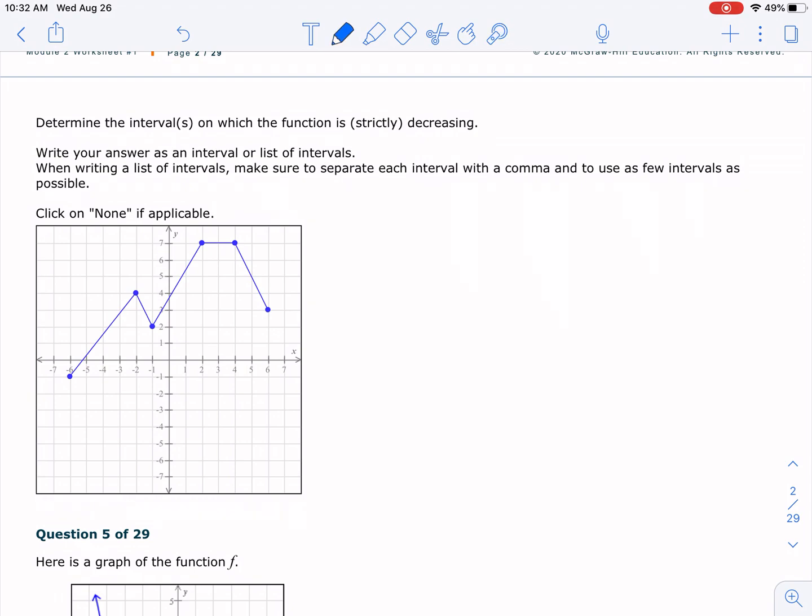So we want to go from -2 to -1, and then we have from 4 to 6.